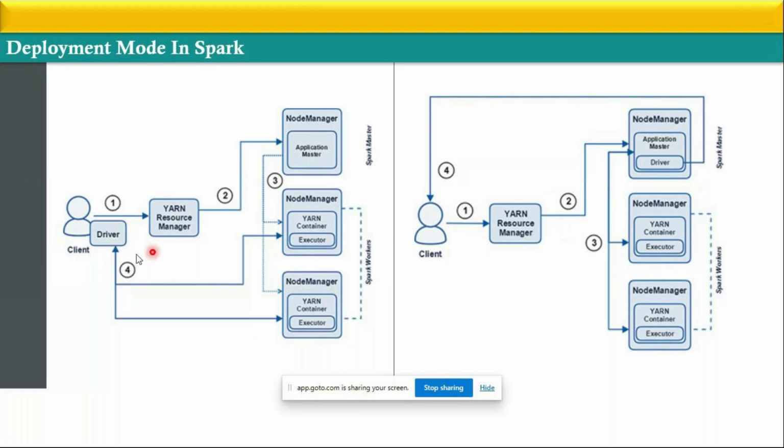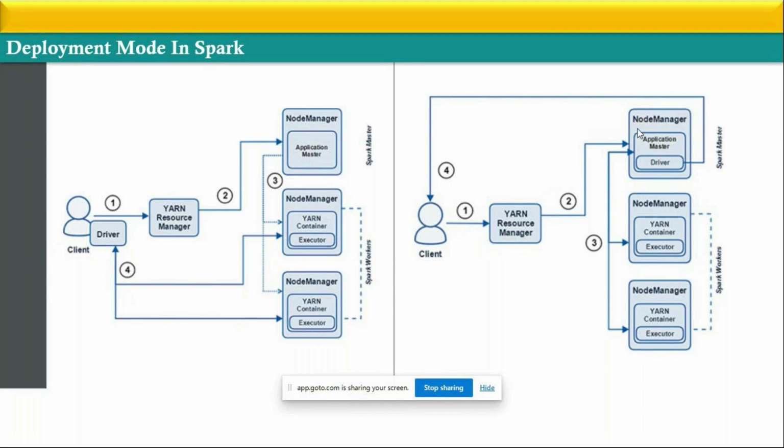What is the basic difference between these two modes? In client mode, the driver is available on the client side, inside the client machine. In cluster mode, the driver runs inside the cluster.